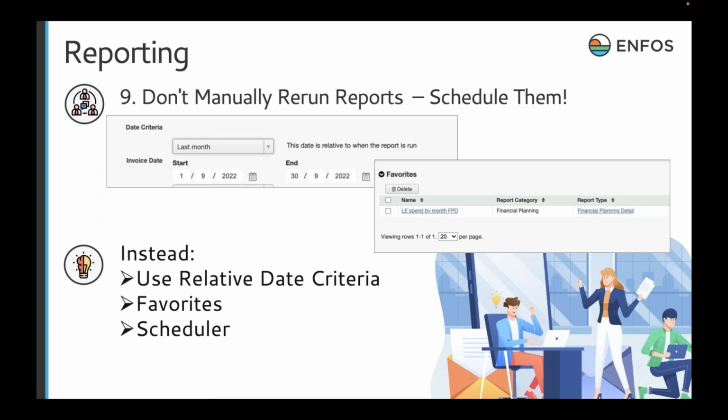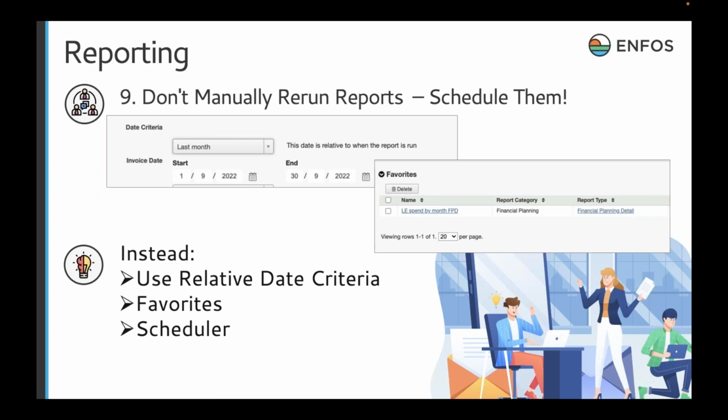The customization is going to limit your output. The first step is always saving your report as a favorite. And once you save it as a favorite, you can add one or many favorited reports to a schedule. So let's say you want your paid invoices by country. I want to know my paid invoices in the United States, and I want to know my paid invoices in Canada and have them both in local currency.